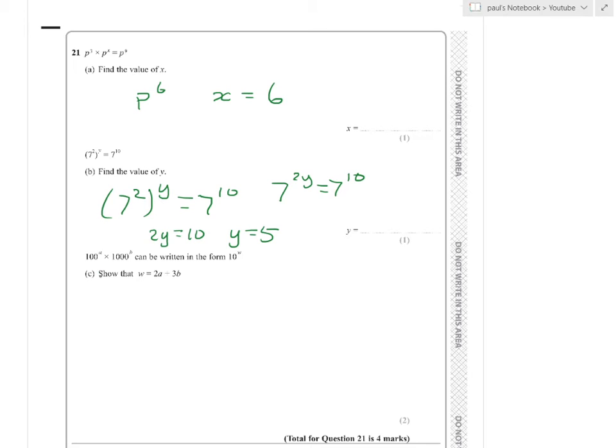Show that 100 to the A times 1000 to the B can be written in the form 10 to the W. Just a sneaky one.